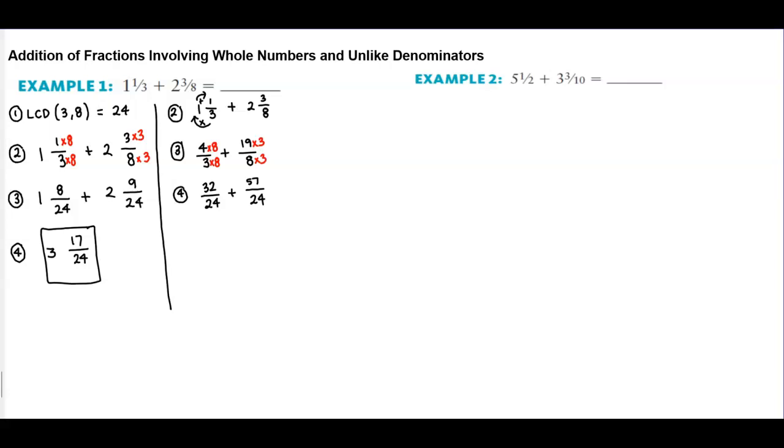Okay, so now we're going to add 32 with 57 over the common denominator of 24. So 32 plus 57 gives us 89. And so now we want to convert this into a mixed number. So we would take 24 and divide that into 89.